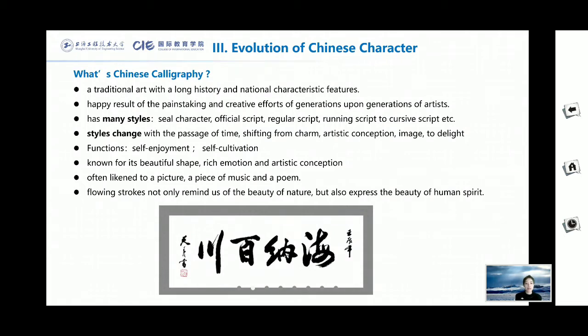It has many styles, ranging from the seal character, official script, regular script, running script to cursive script, etc. And the style changed with the passage of time, shifting from charm, artistic conception, image to delight.